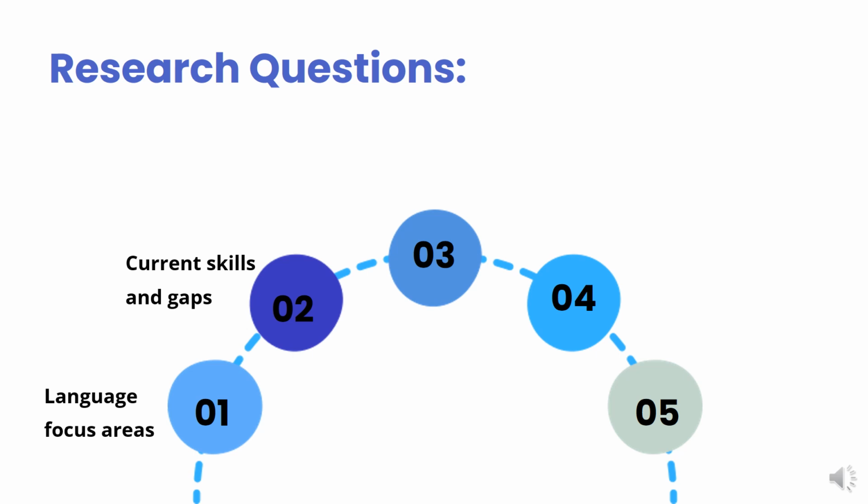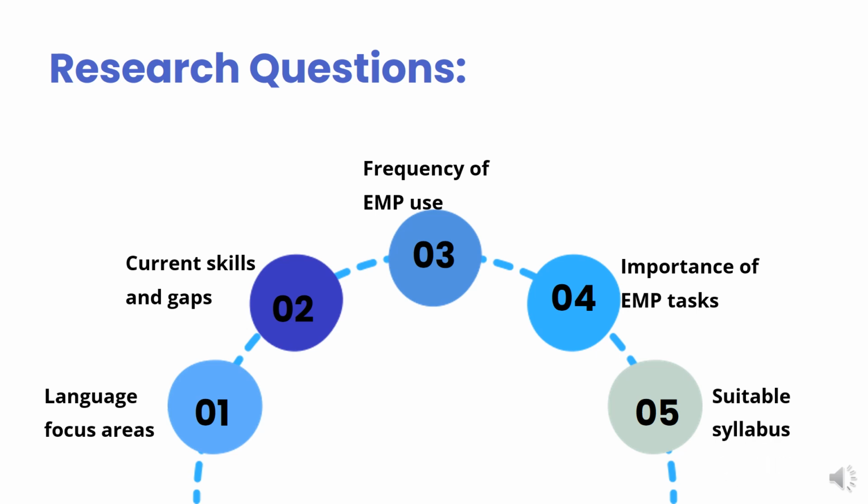It's the current skills and gap. How often do they practice necessary tasks, or frequency of EMP use? How crucial are these tasks for their education, the importance of EMP tasks? And at last, which curriculum is the most suitable for fourth-year medical students, or the suitable syllabus?